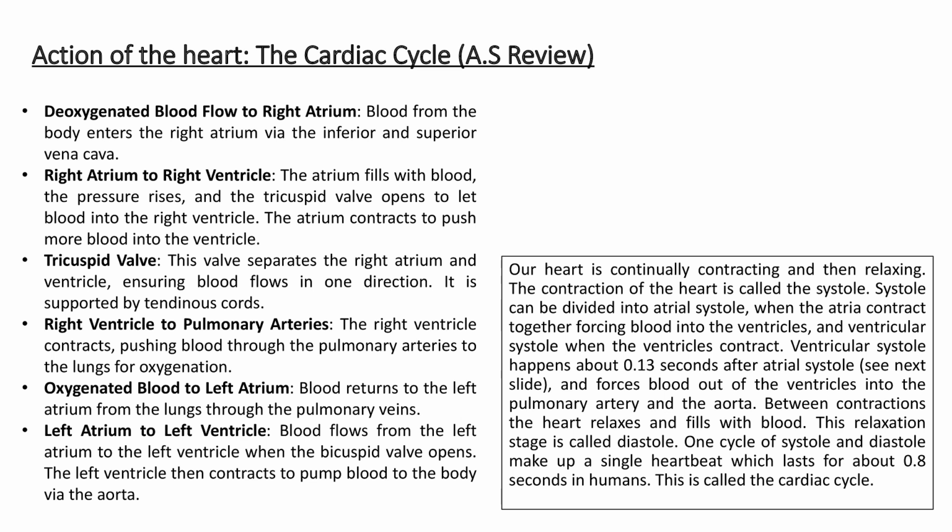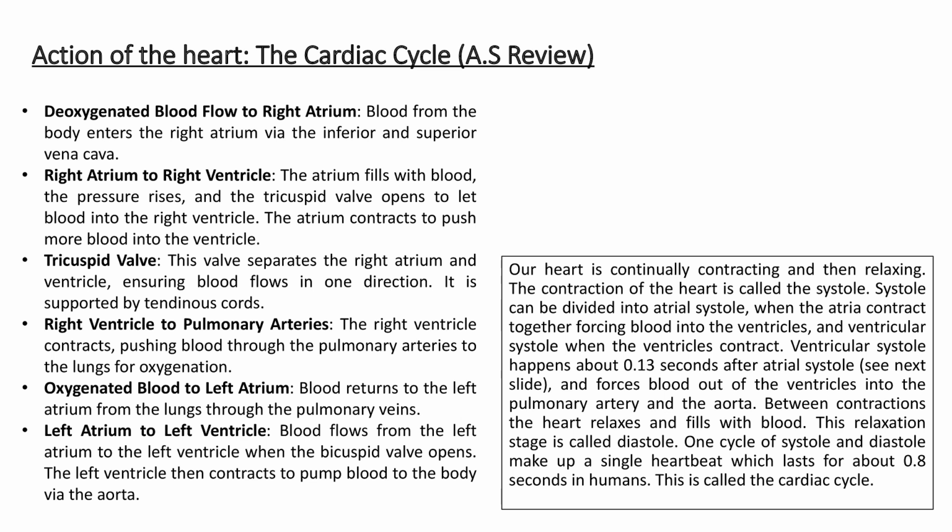Now, let's come to the mechanism of the oxygenated blood. Blood returns to the left atrium after getting oxygenated from the lungs through the pulmonary veins, and the left atrium is filled with the oxygenated blood, and then this blood flows to the left ventricle and the bicuspid valve opens.